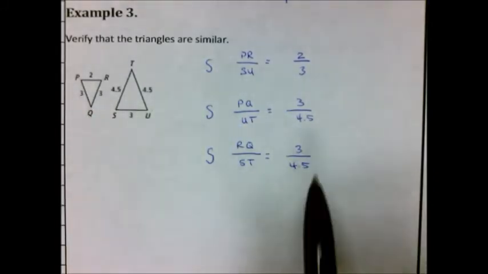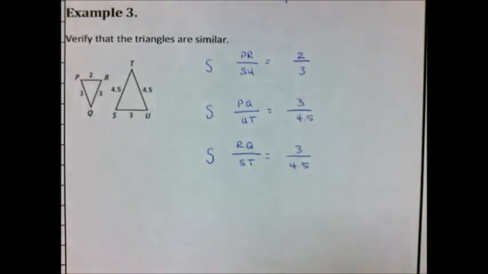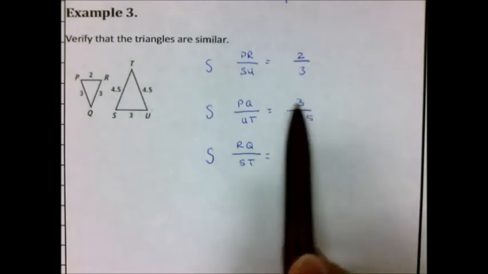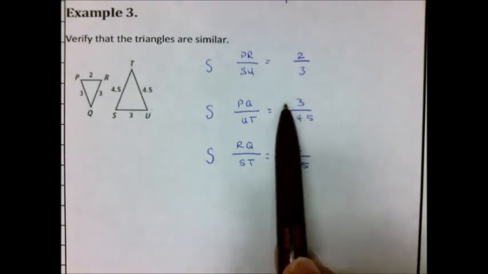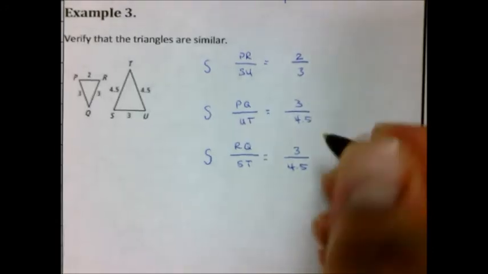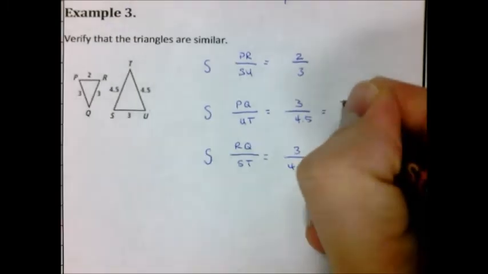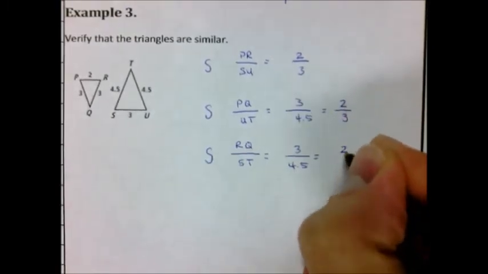Okay, now 3 and 4.5, it has one number that's kind of in common here, that both go into 3 and 4.5, and that's the number 1.5. 1.5 times 2 is 3, and 1.5 times 3 is 4.5. And so we can actually reduce this down to 2 over 3. Both of these can be 2 over 3.